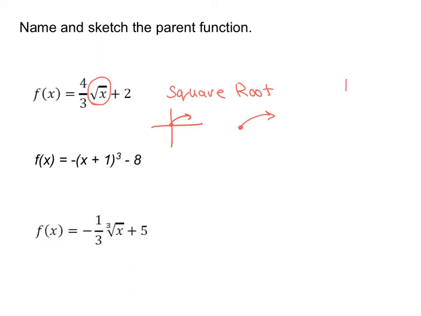Then the other thing I want you to do is create the table of x values. Ask yourself, are there restrictions on the square root function? Yes, there are. These have to be positive, so you cannot choose any negatives. Your first value is 0.